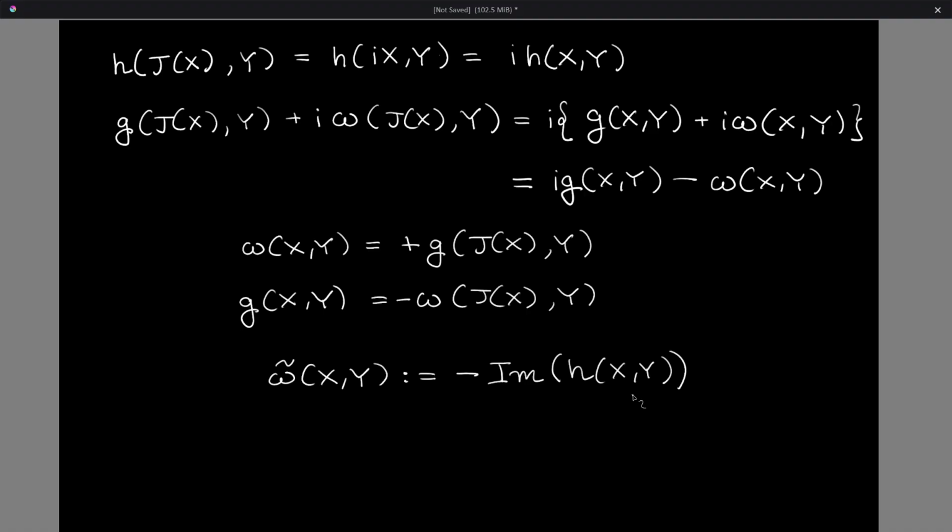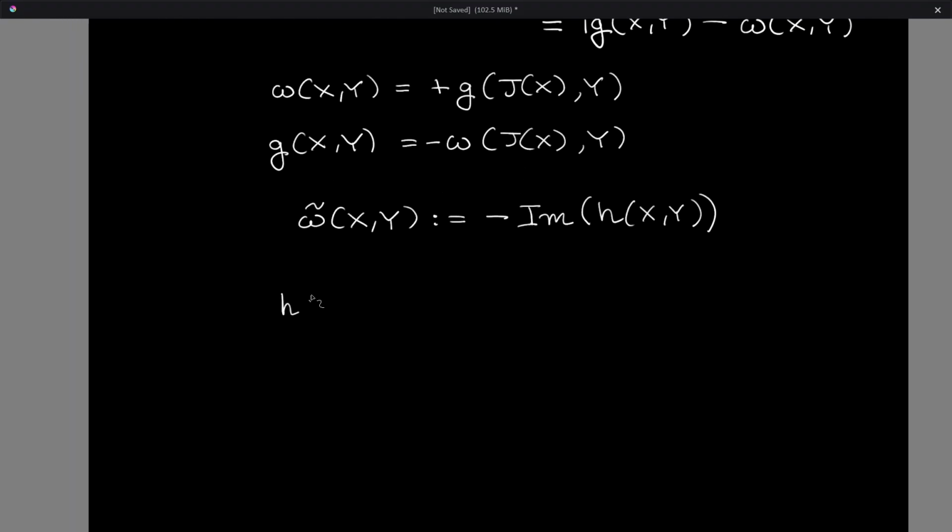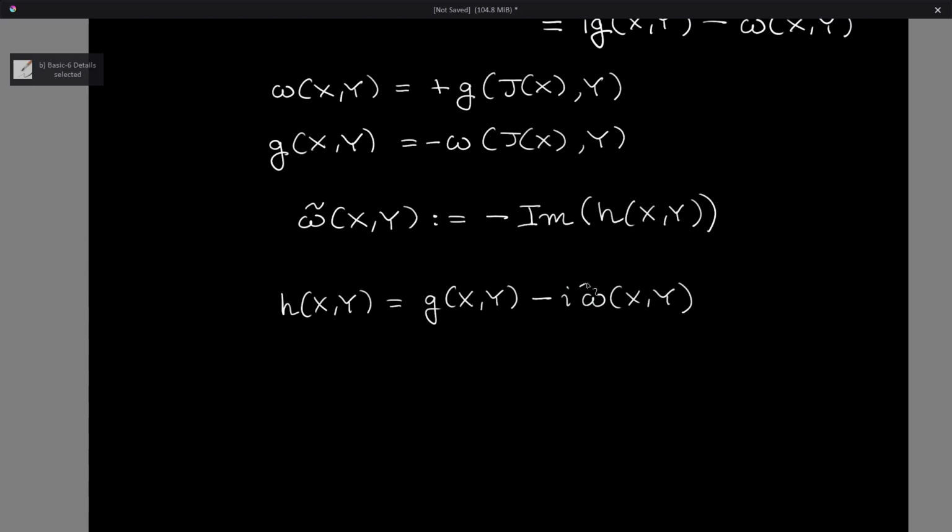But at the end of the day, it doesn't matter, because in this decomposition, h of xy is equal to g of xy plus i omega xy, that's what we had currently. If we substitute that with omega tilde, then we get minus omega tilde.